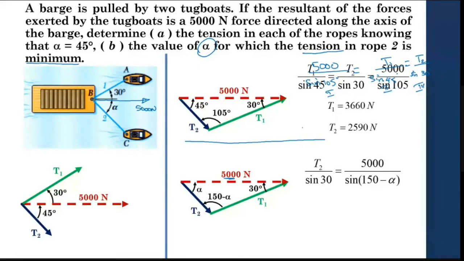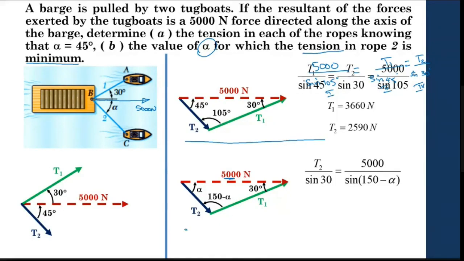That is over. Now I don't know the value of T1, so I can't solve it. But I know the resultant, which is 5000 Newton. So I will relate it. T2 by sine 30 is equal to 5000 divided by sine 150 minus alpha, right?